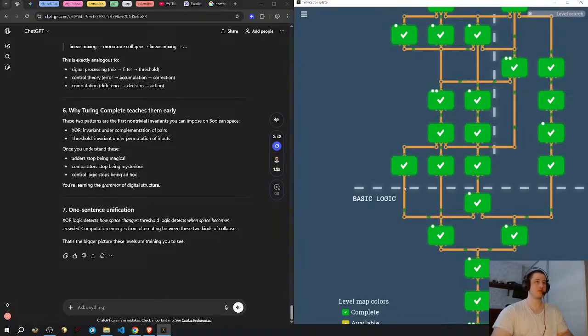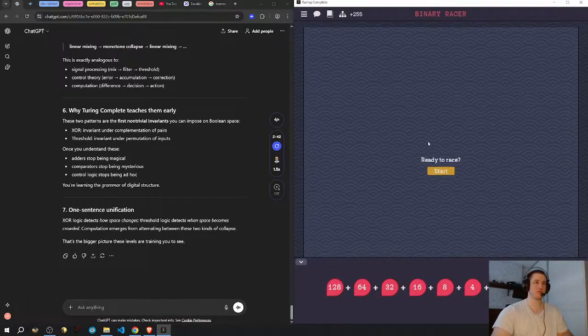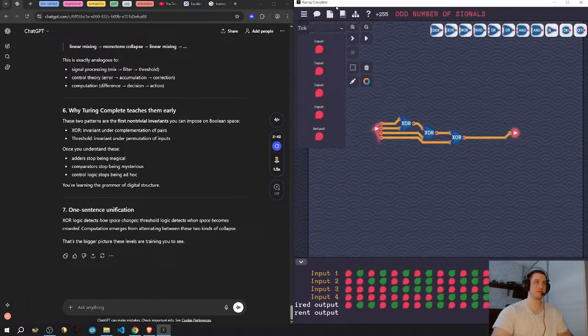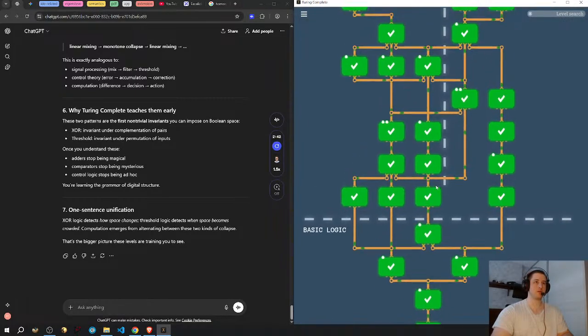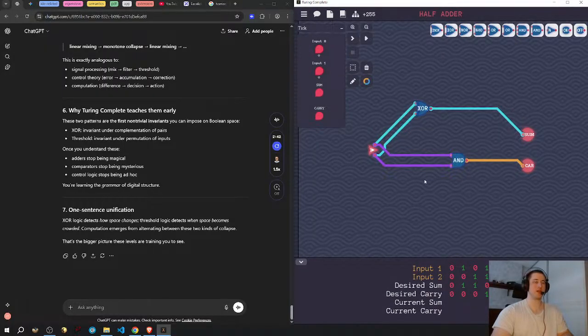Okay, so let's go over. This one is just testing to see the numbers, kind of irrelevant. Already went over this. So this is a half adder. It's basically what was represented: the sum is going to be XORs.